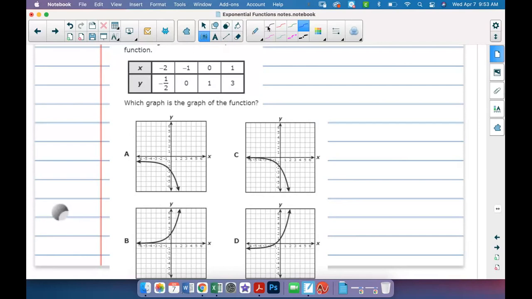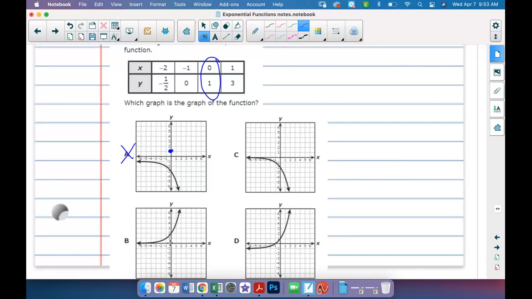So for example, if I decided to pick 0 and 1, you're going to go to all your graphs and you're going to plot the point 0 and 1. So right here, if I go to 0, go up 1, it's supposed to be right here. It's not on the graph, so A is out.